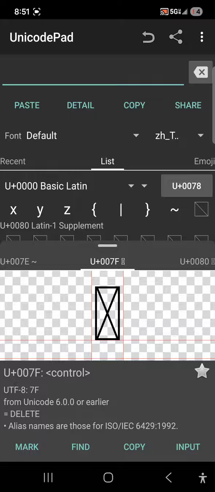There are also two different characters used for it, and their codes are 6,429 and 1,992.